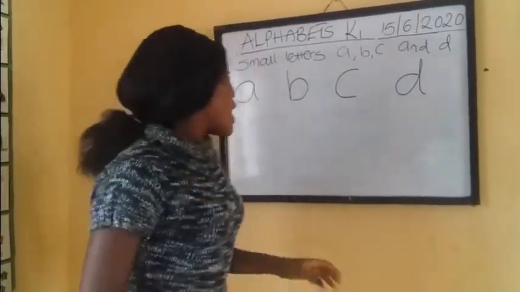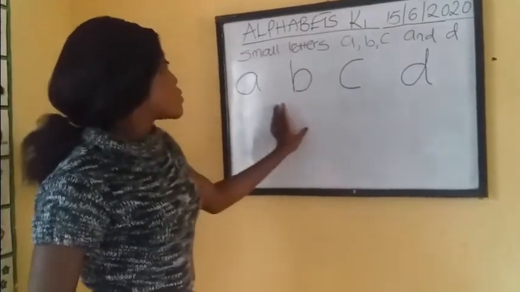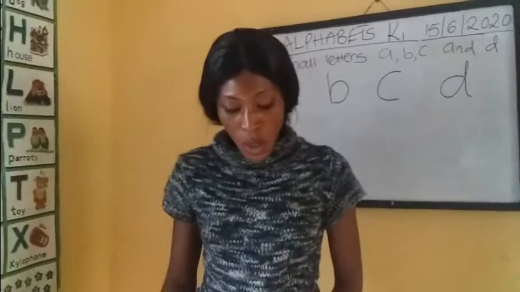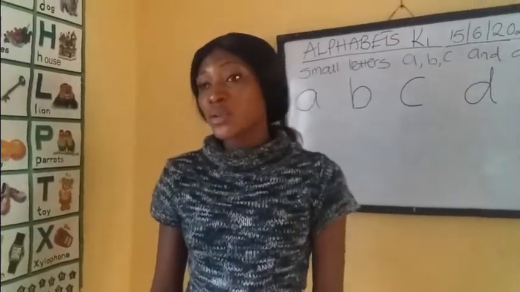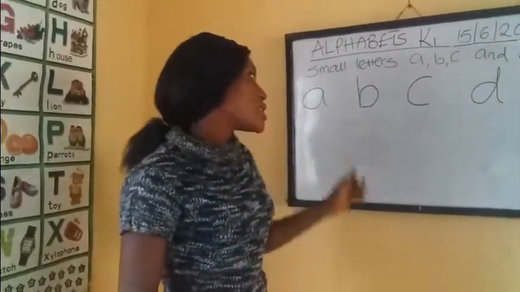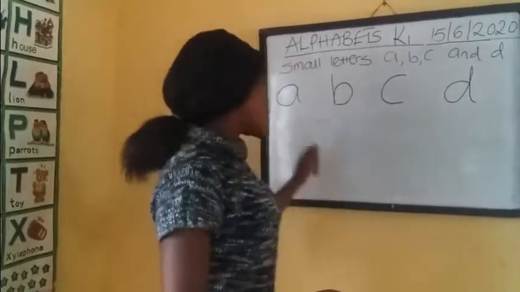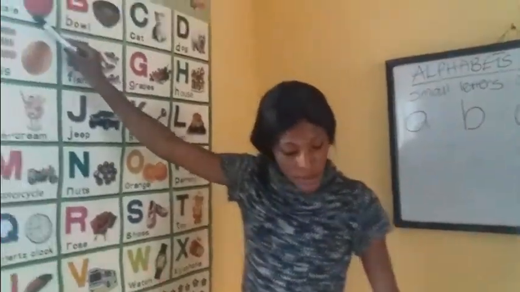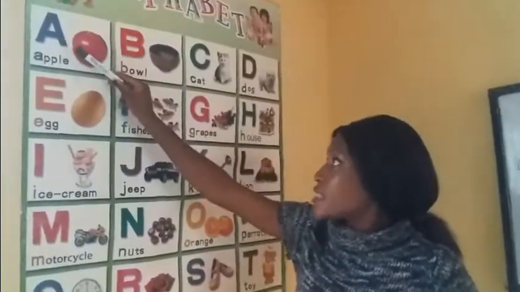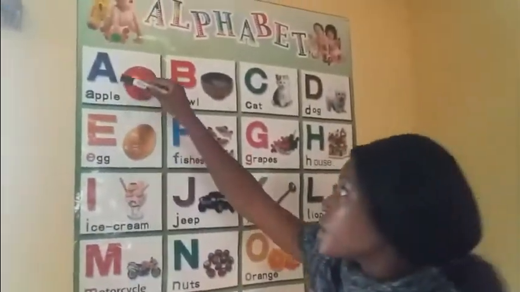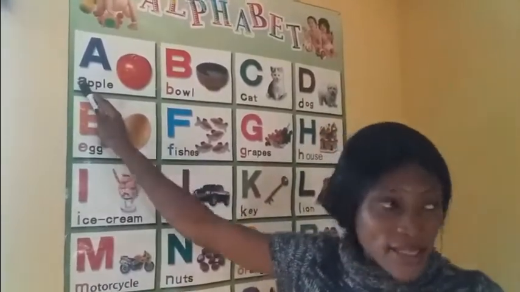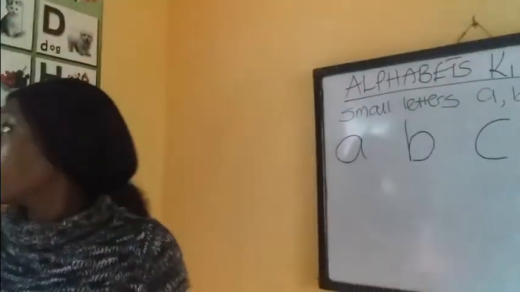Now, after learning how to write all these letters, we are going to look at some examples or some objects or things that begin with this letter. Let's take letter A. As you can see from here, this is the capital letter and this is the small letter, just as we've seen it on the board.